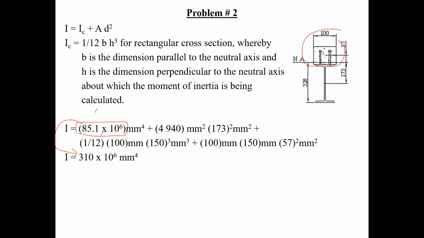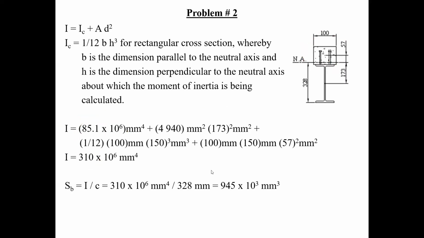So this is where you see the appreciation of having the concrete work compositely with the steel, so that if it was just the steel alone, this is the value you'd be working with, and now you were able to bring it up all the way to 310. So there's a good benefit of doing that. And of course, there's some additional work because you have to put in these Nelson studs and so on, and additional calculations, but there is some savings at the end of the day.